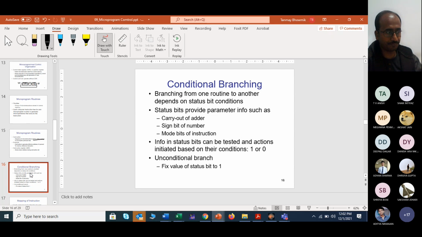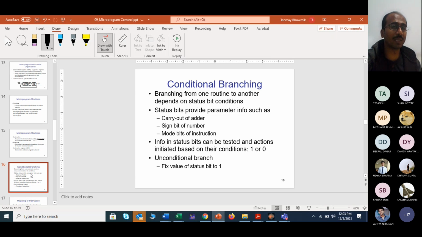So whenever you are thinking about this add overflow flag register, if the status bit is 1, that means you will say that yes, there is overflow. So this cannot be properly done, or you have to set some other arrangement, or you have to send this message to the user that yes, there is overflow, like this. Okay, so different kinds of status bit registers have also been mentioned here. So just the example I gave you, that carry out of adder.